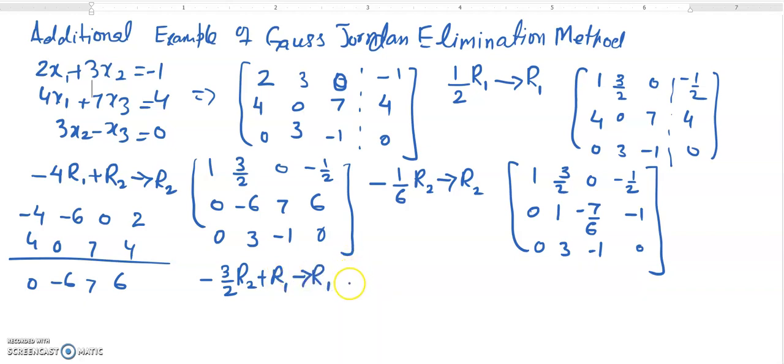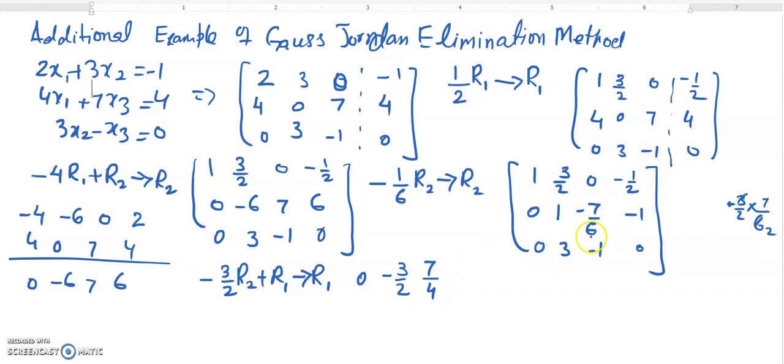So -3/2 times row 2 will be 0, -3/2, and -3/2 times -7/6. This is a little bit complicated mathematics. -3/2 into -7/6 will be plus 7/4.